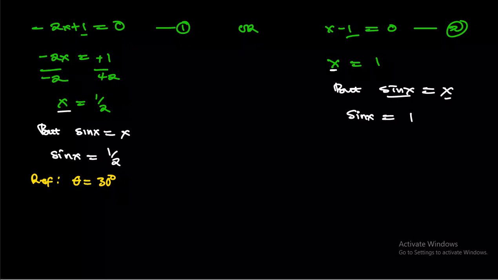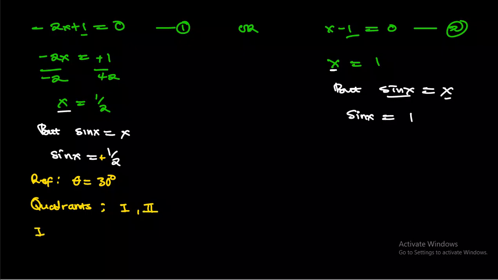Next, what we need to know now are the quadrants. Since sin x is positive, in which quadrants is sine positive? It is in quadrant 1 and in quadrant 2.